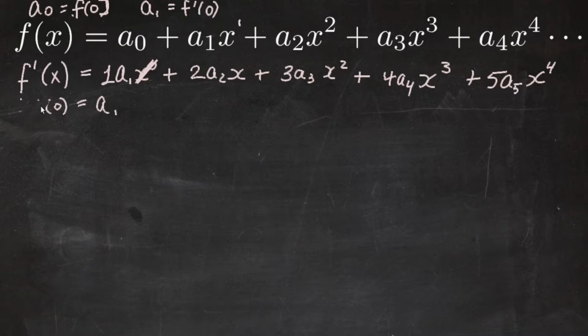So let's clear up some space. I know that f prime prime is just the derivative of f prime. So the derivative of this constant a1 is just 0.